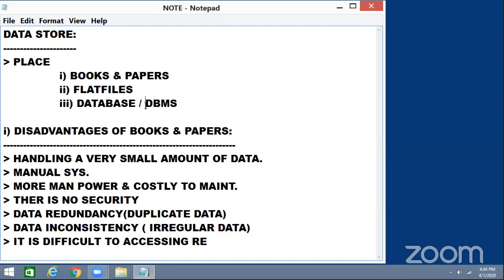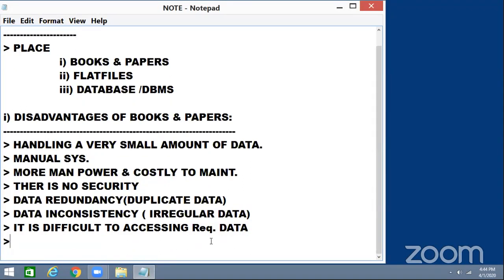Take the side heading: accessing required data. And the next one: difficult to manipulate the data. Manipulation is nothing but changes.